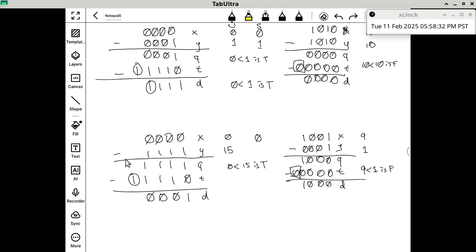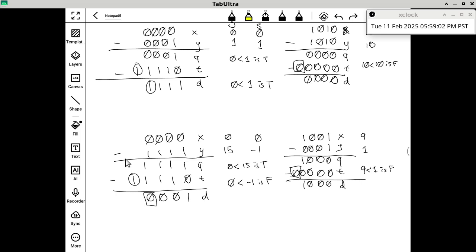So 1111 as a 4-bit pattern is representing -1. 0 is less than -1 is false. Okay, it's good because the sign bit of the difference is also a 0, meaning the difference is not negative. If the difference is not negative, then x is not less than y. Everything seems to be consistent. Are we still doing okay so far? Okay. And then we look at the next one.